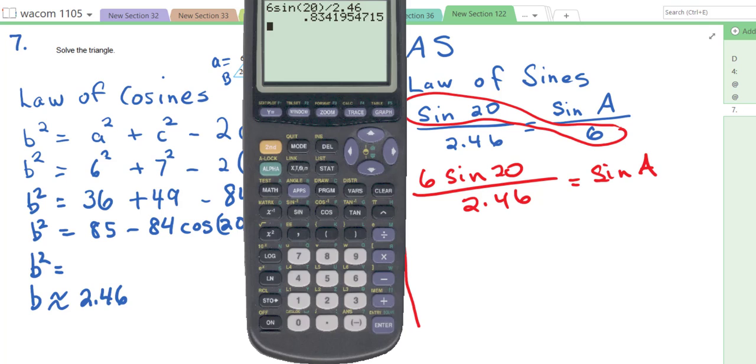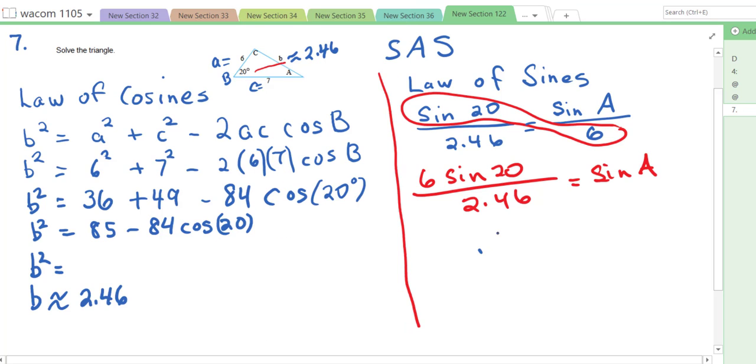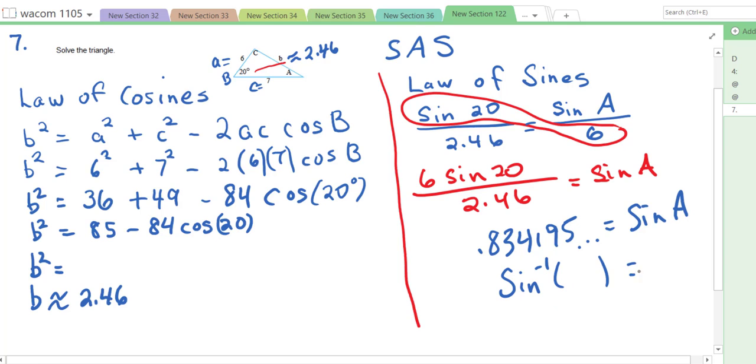You can remember that value, 0.834195, and so on. We're going to do sine inverse of this equals A.